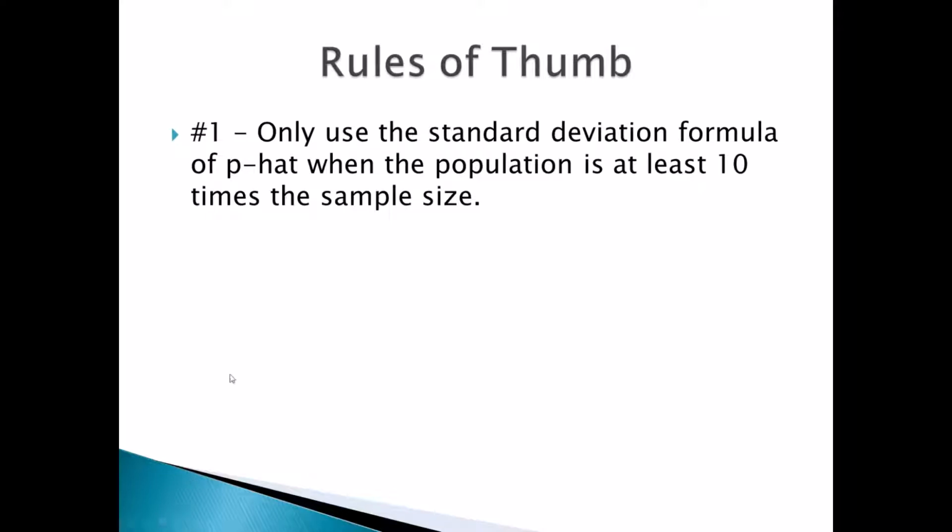So, rule of thumb number 1, that formula, sigma sub p-hat equals the square root of p times 1 minus p over n. That formula is only valid when your population is at least 10 times the sample size. And I think we had something similar for means. So this may seem hard to verify, but we're going to see it's really not that hard.